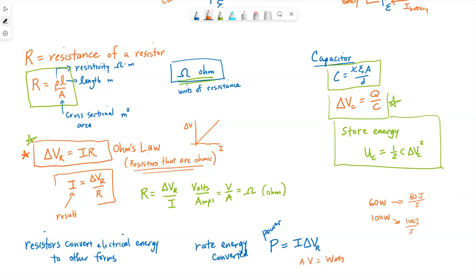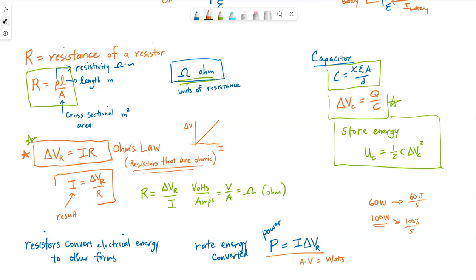So it's just how fast. Of course, a 100-watt light bulb is brighter than a 60-watt light bulb. So a larger power is directly related to, in the case of our regular light bulb, a brighter light bulb.